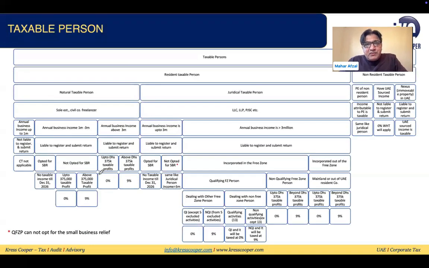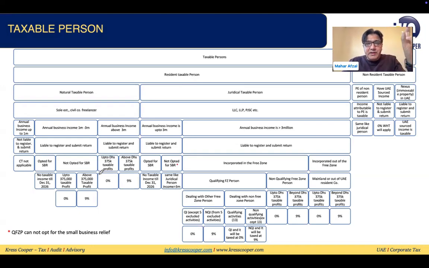The general rule says that whether you are generating income in the UAE or out of the UAE, your worldwide income is subject to tax and the tax rate is the same. I have included this slide just to give you a recap that the law doesn't differentiate: income you generate from the UAE is not subject to a different tax rate than income you generate out of the UAE.